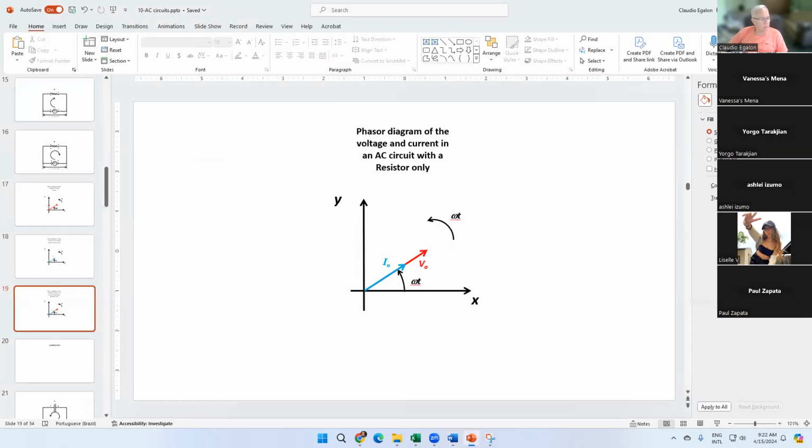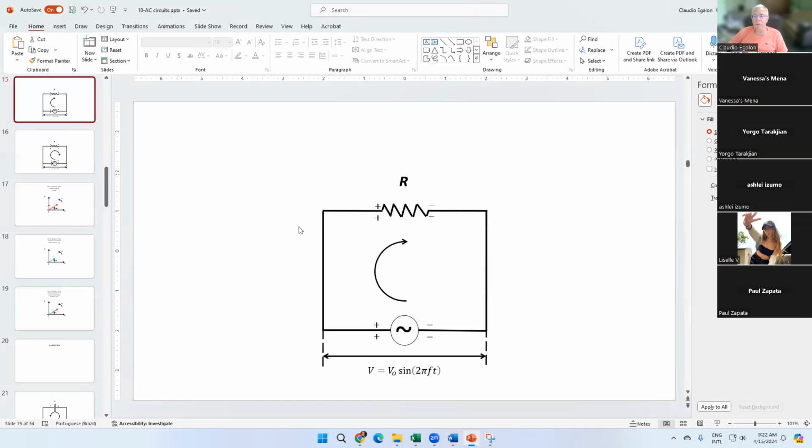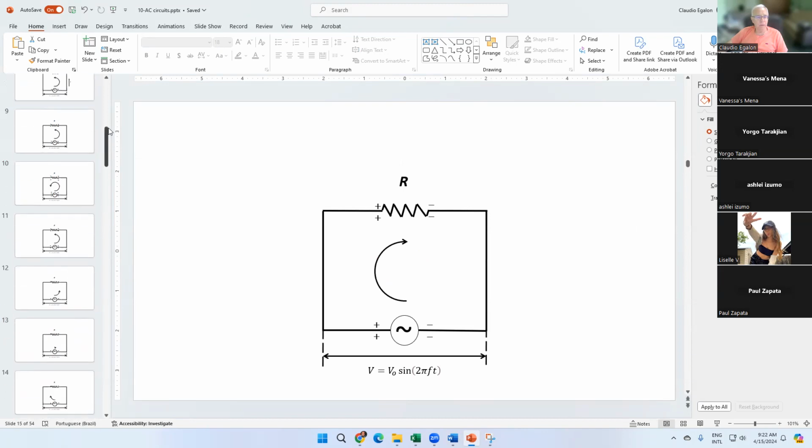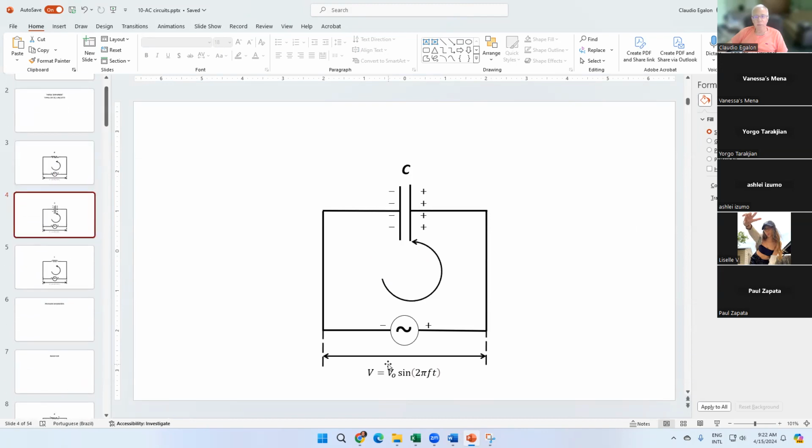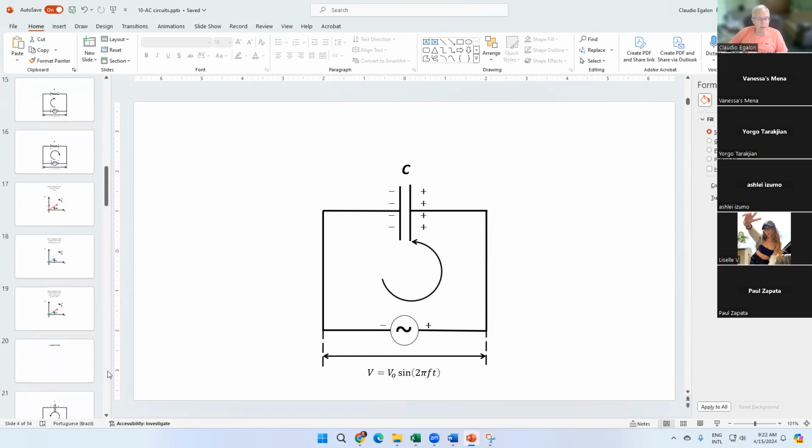Now let's take a look at my new circuit. That should be the one with a capacitor. Here you go. And I'm going to put my current there again.